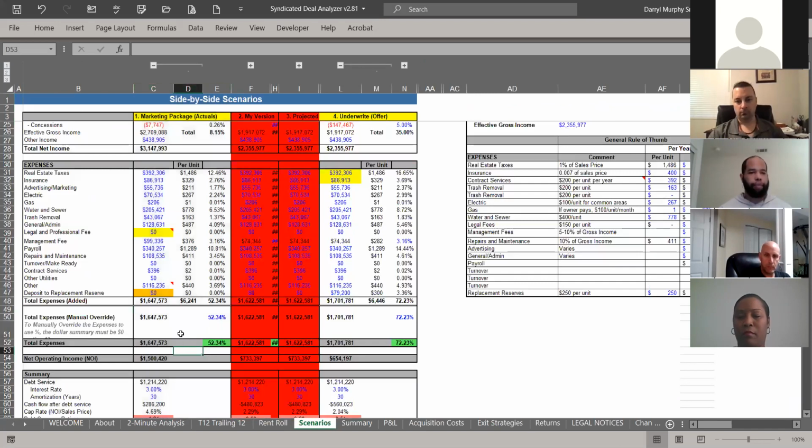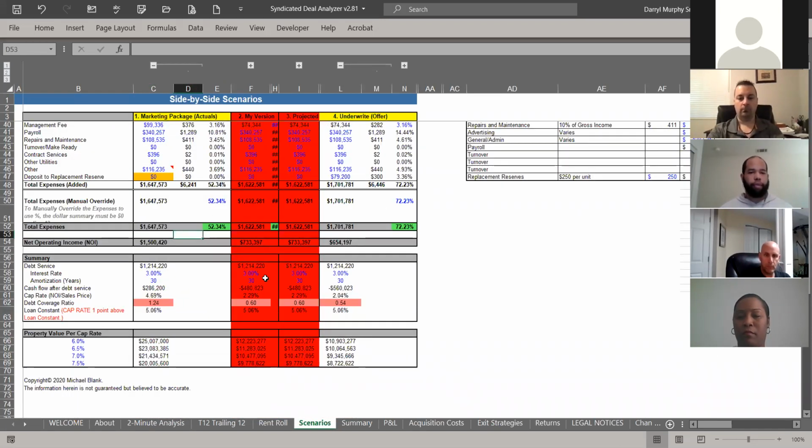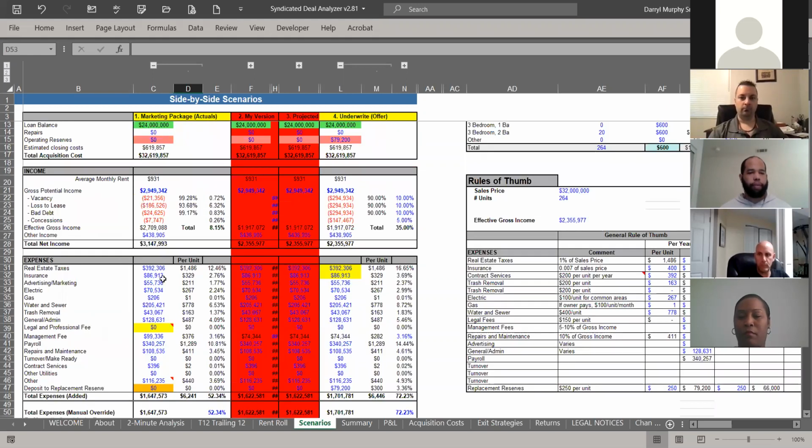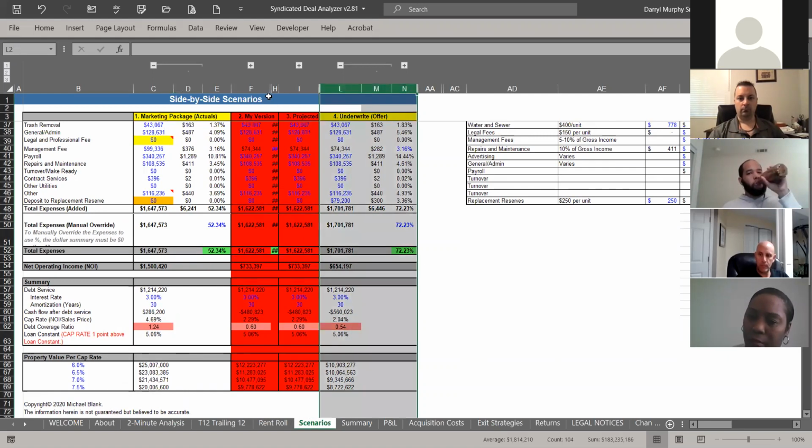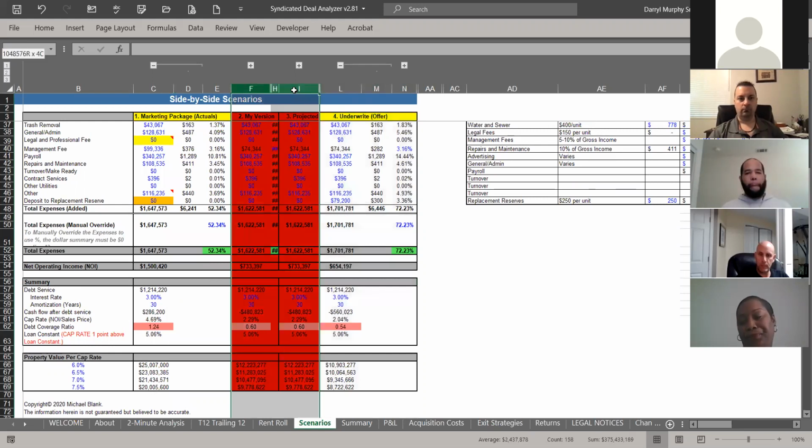You know how a lot of brokers will say, well, we're coming in at, let's say, a 4.69 cap, but it doesn't matter where they're coming in. It matters where you're going to come in. Their numbers could look all gravy, but I'm not going to be using these columns right here.